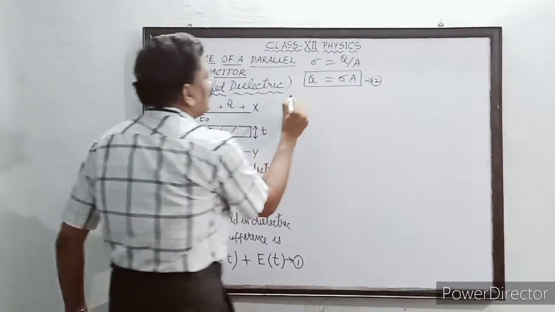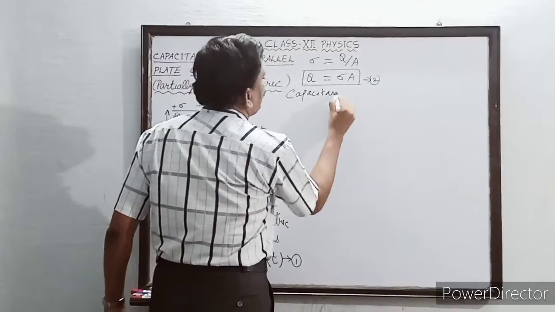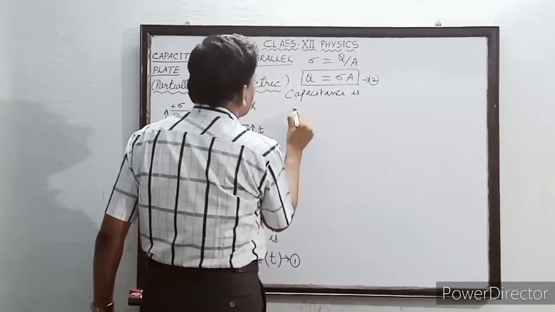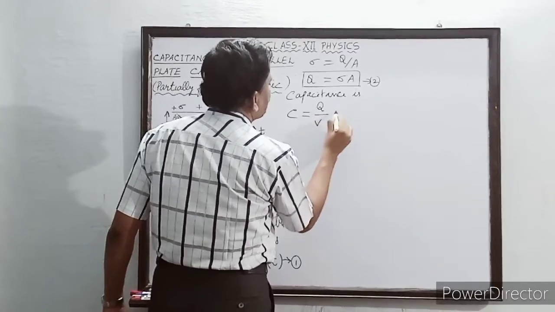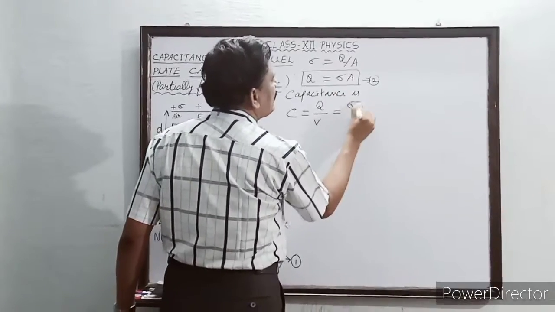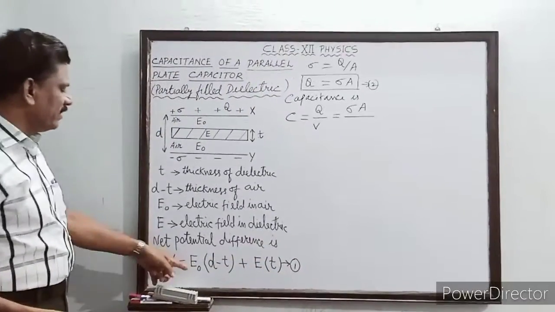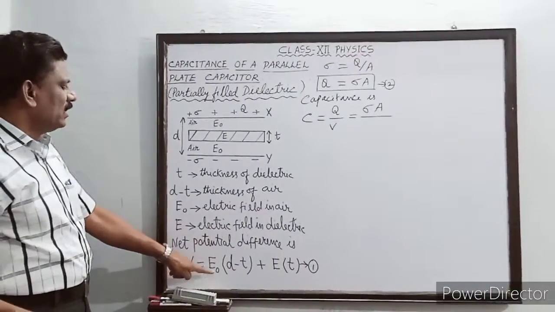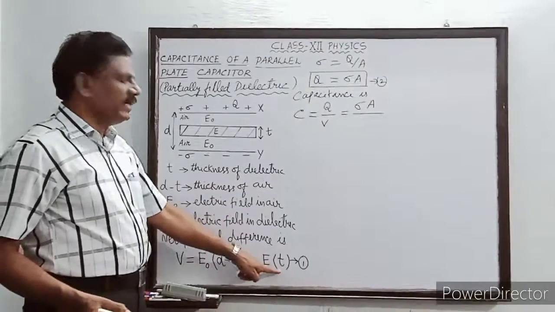Therefore, capacitance C is equal to Q by V. Instead of Q, I am going to substitute sigma into A, divided by, instead of potential difference, E naught into (d minus t) plus E into t.